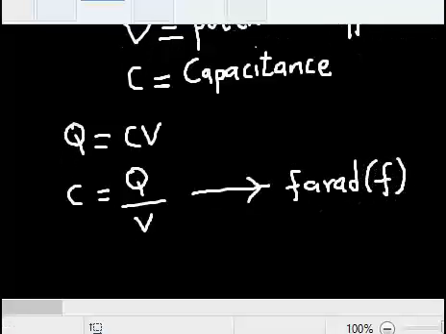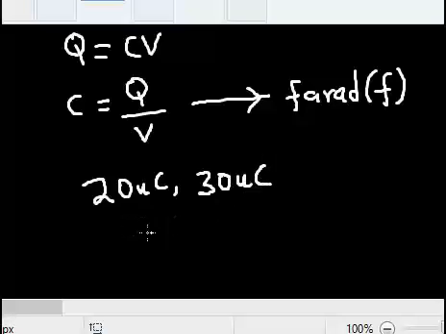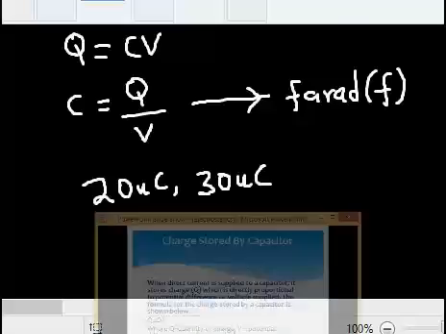Which simply means that if I buy a capacitor because I want to store charge, I discover that the charge that a 20 microfarad capacitor will store is different from the charge a 30 microfarad capacitor will store when I apply the same voltage. So a 30 microfarad capacitor will store more charge than a 20 microfarad capacitor, even though the same voltage is applied. So please take note, the SI unit of capacitance is the farad. I hope that is well understood. Let's proceed.